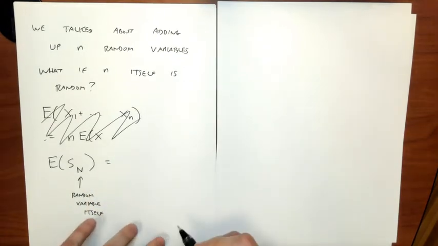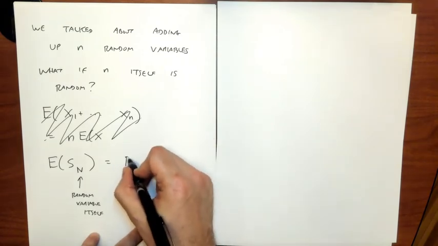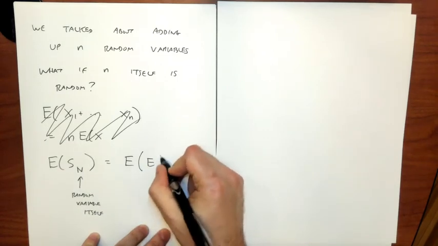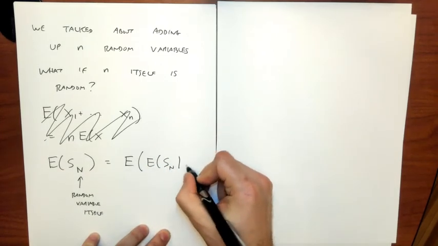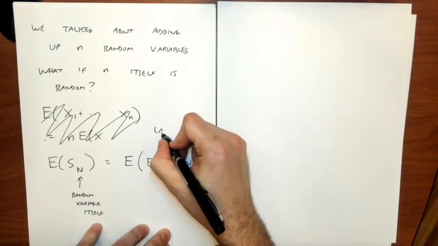Well, we just learned last week, was it that long ago, that I can get this by doing a kind of double expectation. This is the law of iterated expectation.